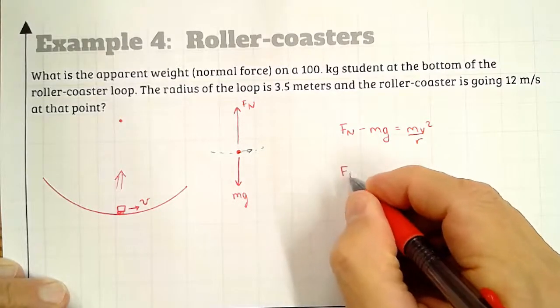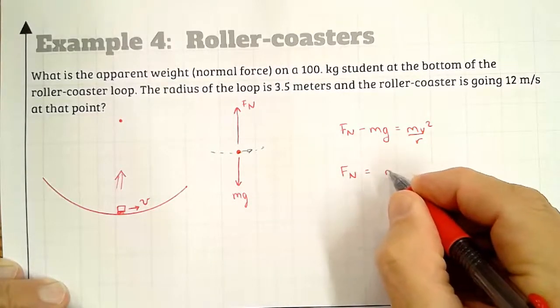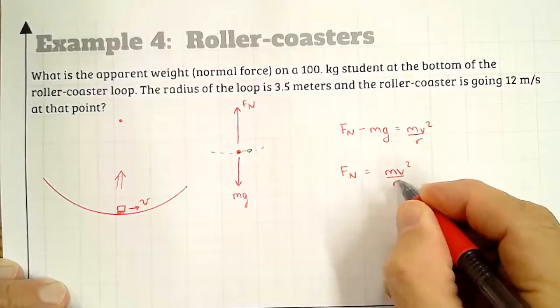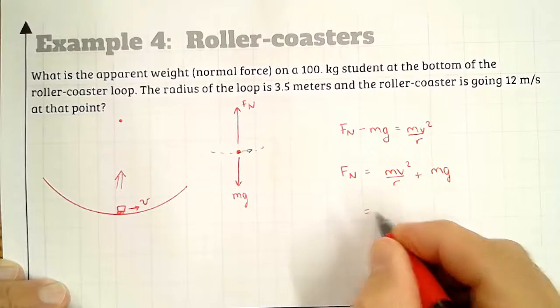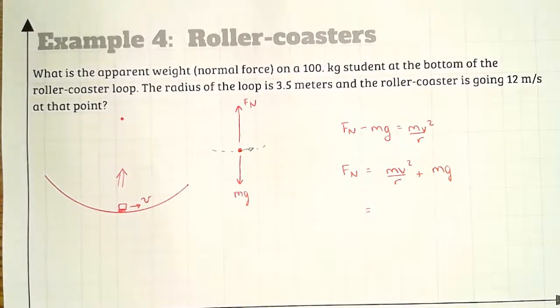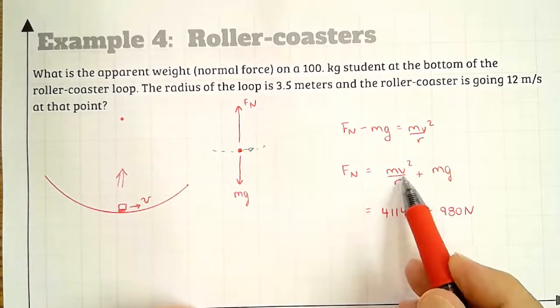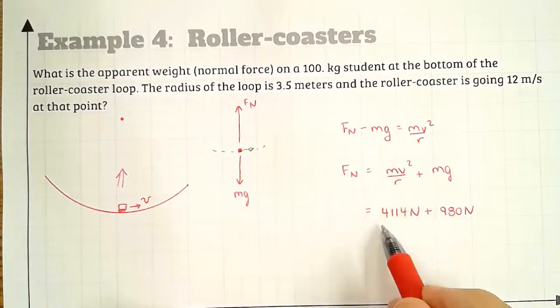And so you can quickly solve for the normal force. That's going to be mv squared over r plus mg. And I'm going to go ahead and just calculate these parts here. So when I calculate mv squared over r, that's the centripetal force.